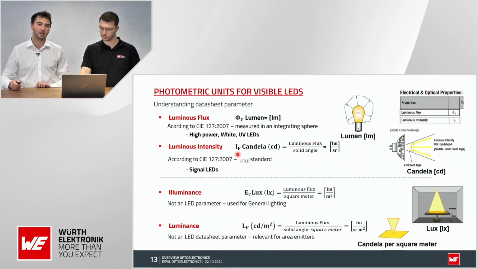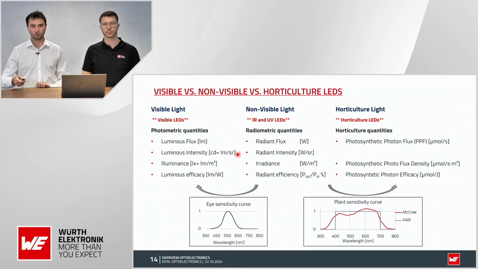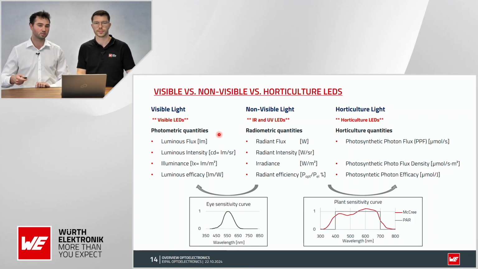For visible LEDs, sometimes you could maybe put the watts, the radiometric values, as well. But this is also not very useful because it's common on the market to look at the photometric quantities. So if you just look at the radiometric, it's not very useful to compare, for example, data sheets.